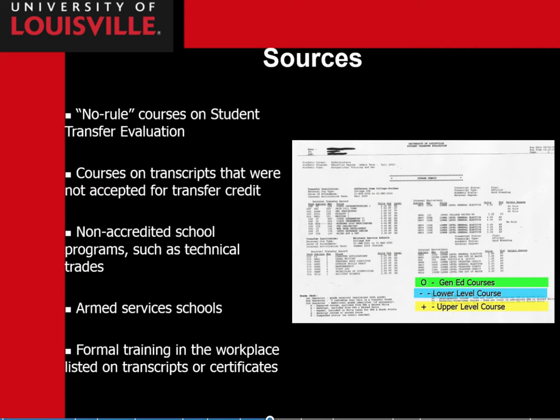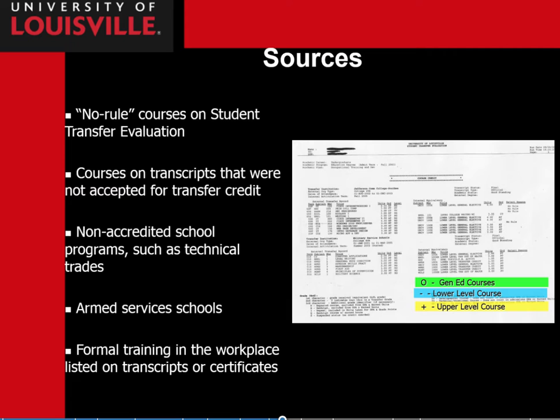So now let's talk about some sources of occupational training learning credit. You may have taken a course at an accredited institution that wasn't accepted for transfer credit by U of L. These will be listed as no rule on the right side of the student transfer evaluation under internal equivalency.